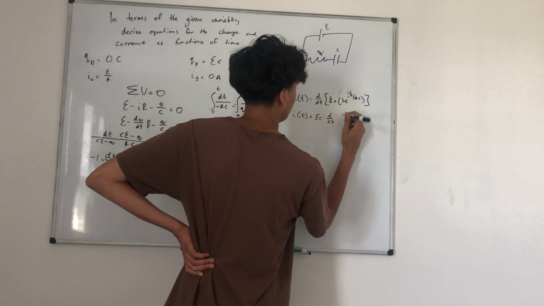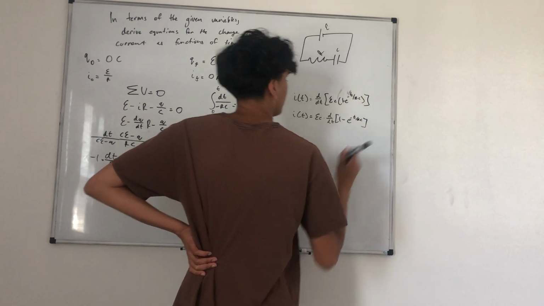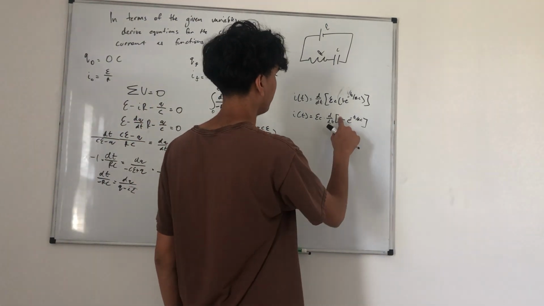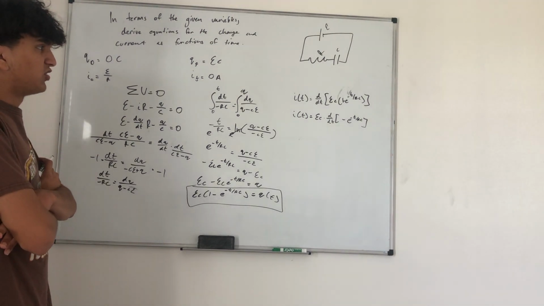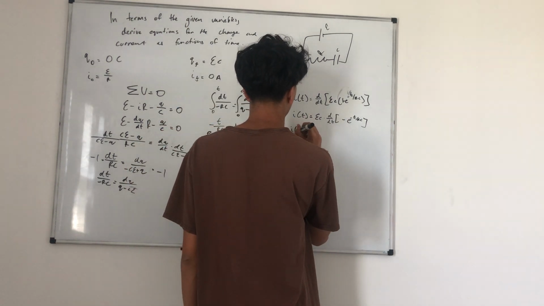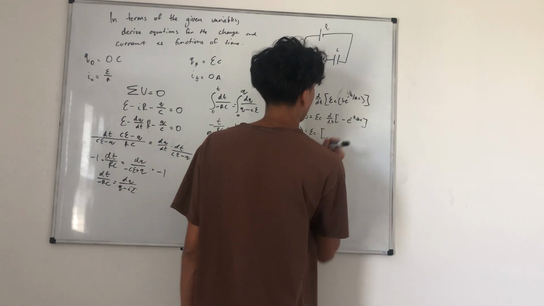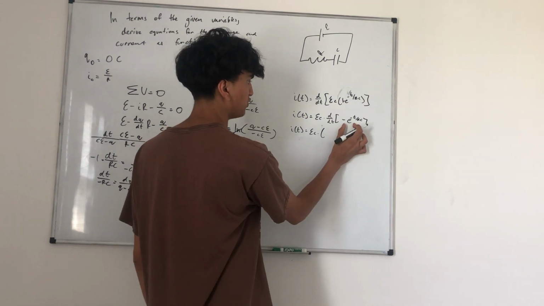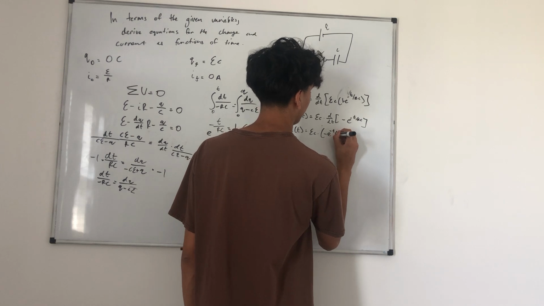Okay, and then we're going to differentiate 1 minus e to the negative t over RC. The 1 doesn't make a difference. It's a constant, so it's really just the same as taking the derivative of this. To take the derivative of that, we're going to have to do a chain rule thing. The derivative of the outer is just e with respect to this stuff, so you get negative e to the negative t over RC.